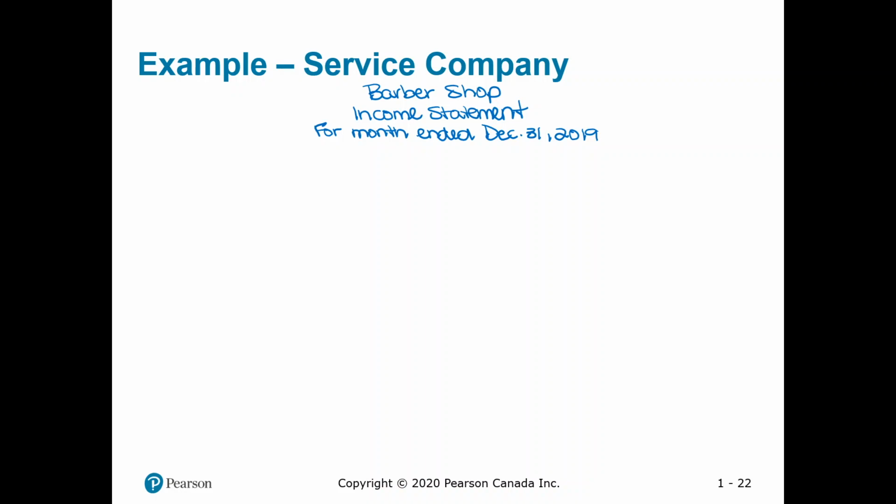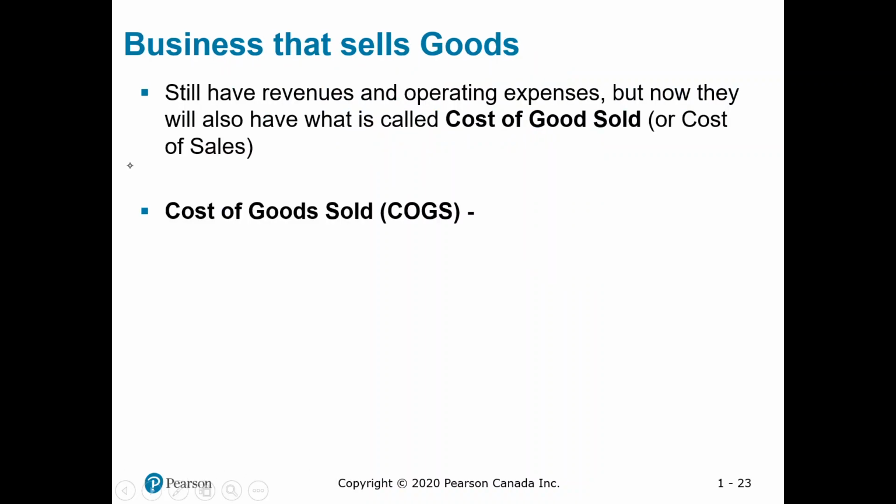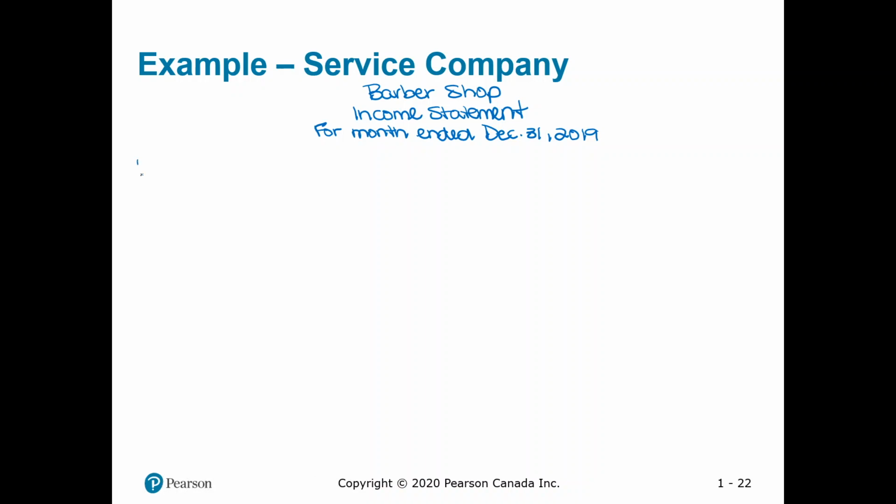When we're doing this, we always start with our revenues, as I said. Revenues. What kind of revenues as a barbershop would we have? Oh, I heard someone say we would have haircut revenue. Right, that's a good one. And we may also have hot shave revenue.